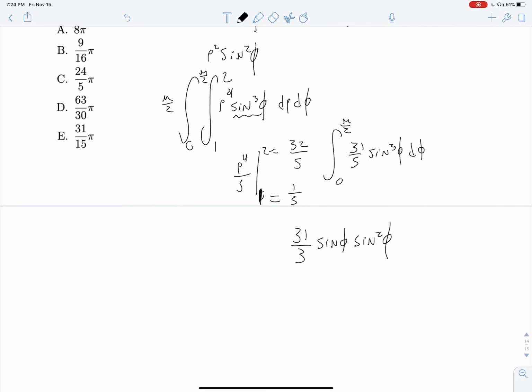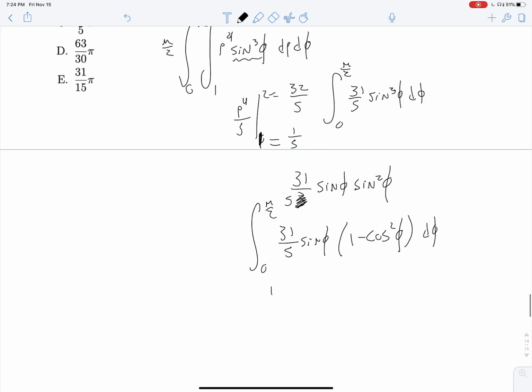I don't know why I said 5 and I wrote 3, but that's supposed to be a 5. And so we can mess with that some more and get 31 over 5 sine of phi times 1 minus cosine squared of phi. And this is still an integral from 0 to pi over 2 d phi. And we can do some u sub. So we'll set u equal to cosine phi and du equal to negative sine phi d phi.